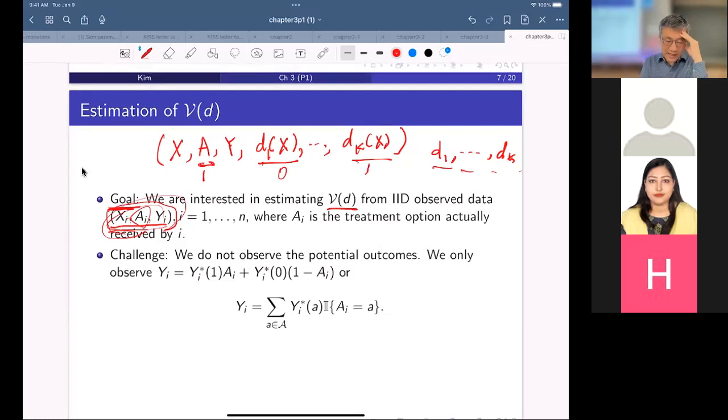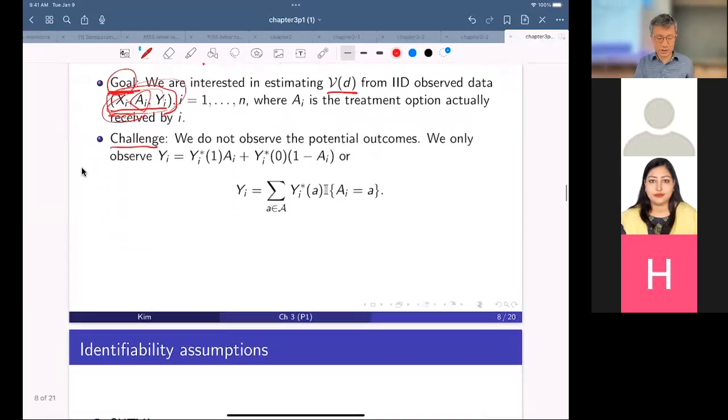Okay. Anyway, that is the goal. And the challenge is that we do not observe the potential outcomes, of course.